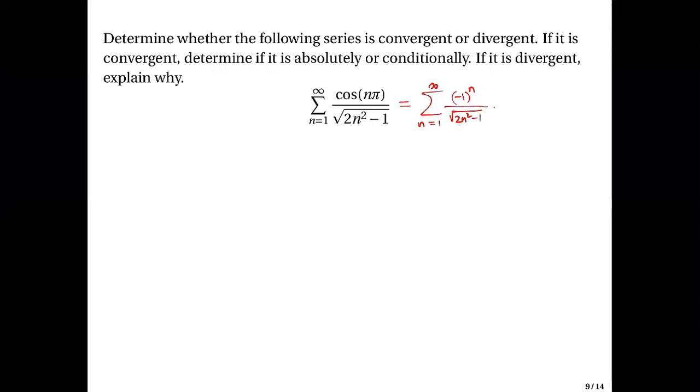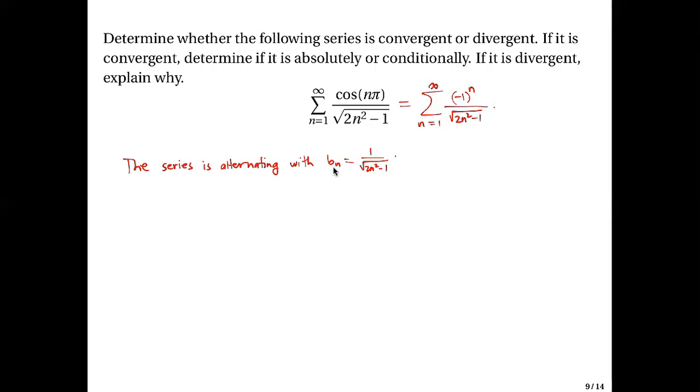So first, the series is alternating, with b sub n equals 1 over square root of 2n squared minus 1. We show the conditions so that we can use the alternating series test.